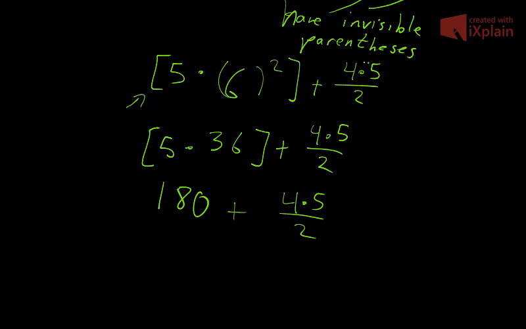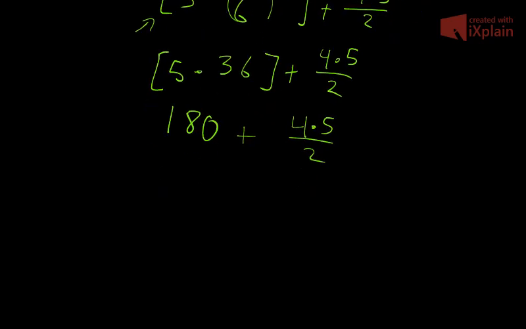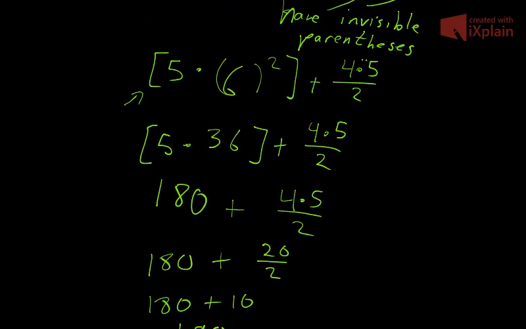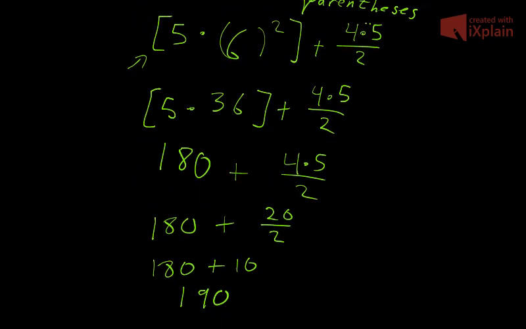And that's going to be 4 times 5 is 20. So that's now 180 plus 20 over 2. I can simplify that, or just divide 180 plus 10, which is going to be 190, which I know has a lot of steps, but that's all the operations I had, and we just did them one at a time.